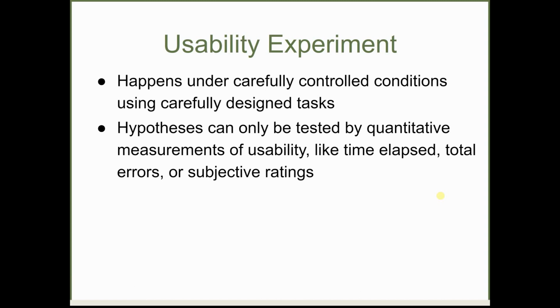But in a usability experiment, we do not collect that kind of qualitative information. It's only quantitative measures of usability that we are interested in capturing. And it has to be validated statistically, meaning that the number of users that you choose for your study has to be statistically determined.